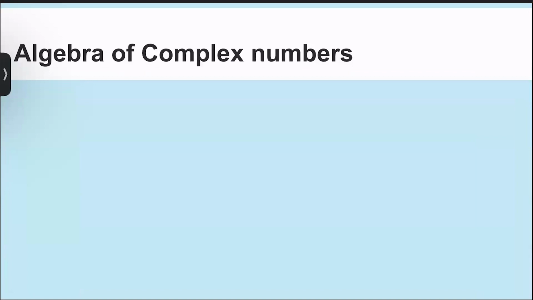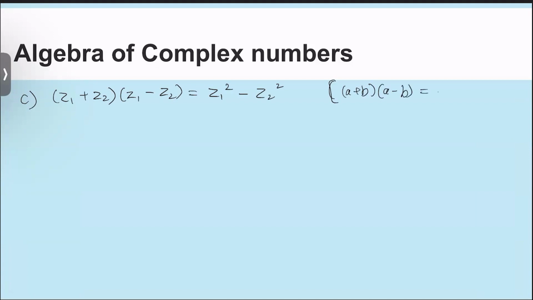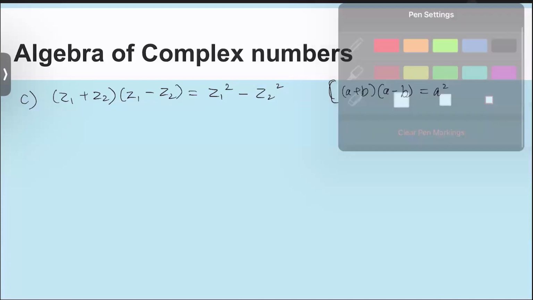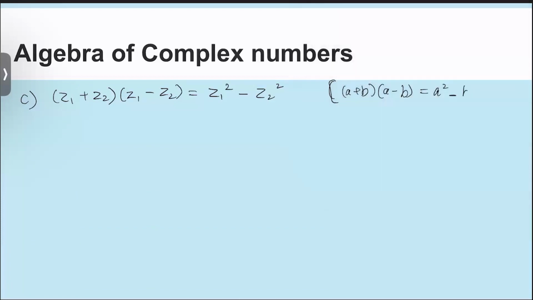So the next identity that we had was z1 plus z2 multiplied by z1 minus z2 is equal to z1 squared minus z2 squared. Now, this is of the form where you have a plus b, a minus b, which becomes a squared minus b squared.